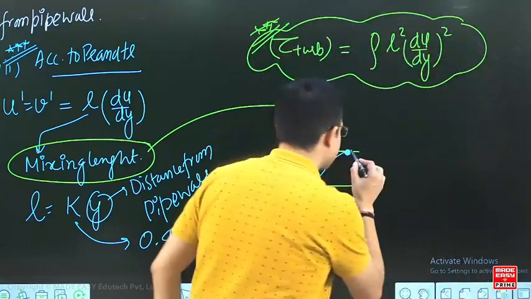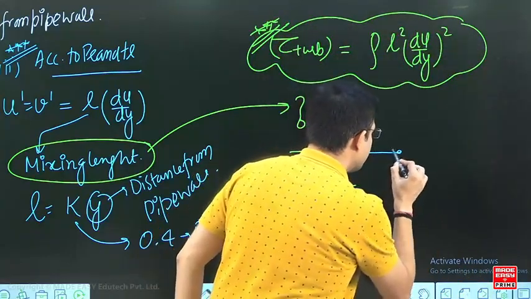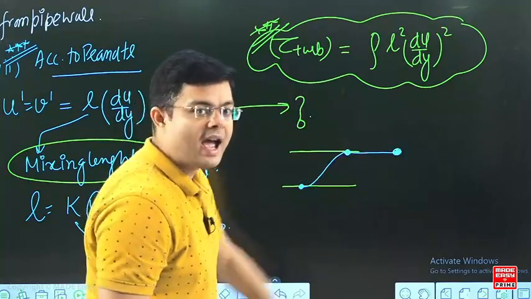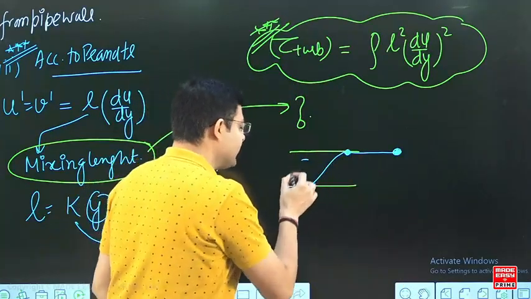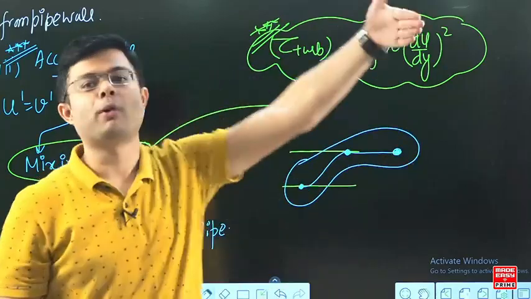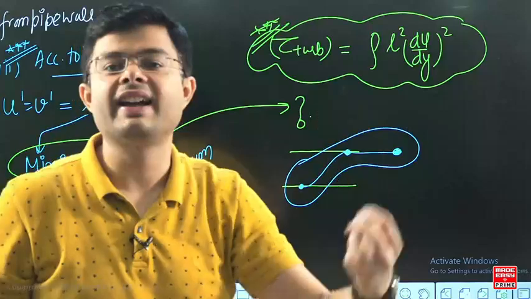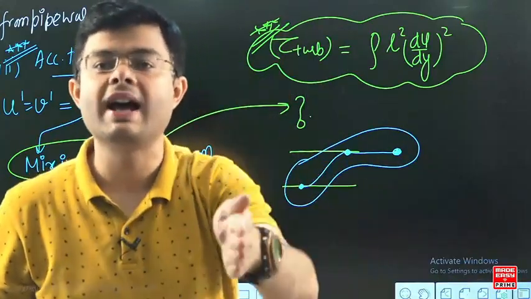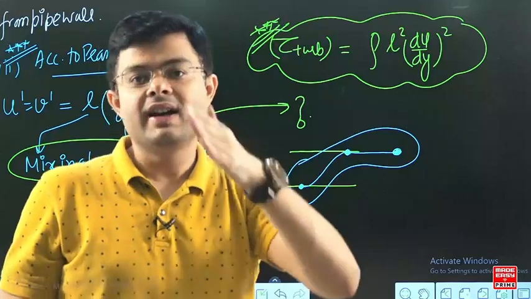The distance traveled by the molecule up to the point where it attains the properties of the new environment is known as mixing length.